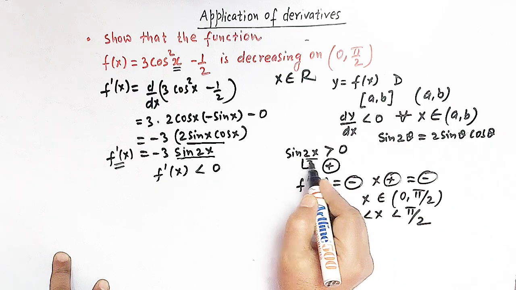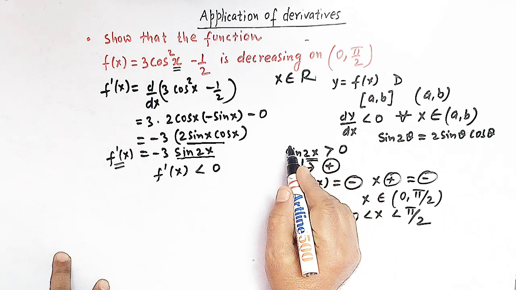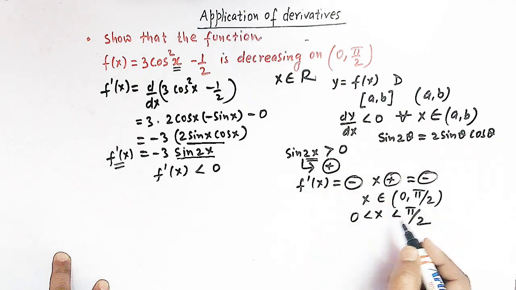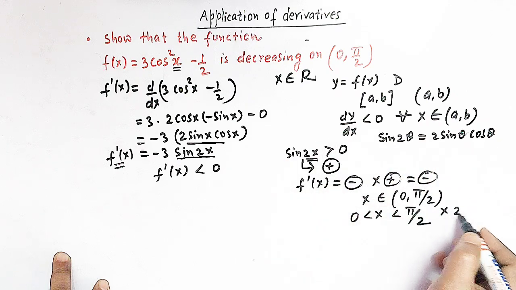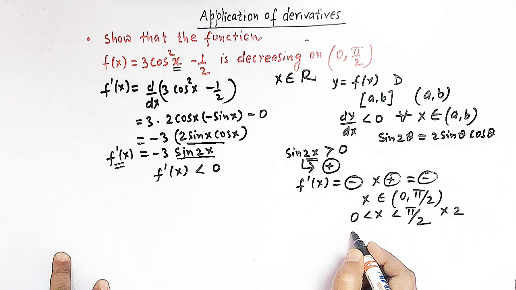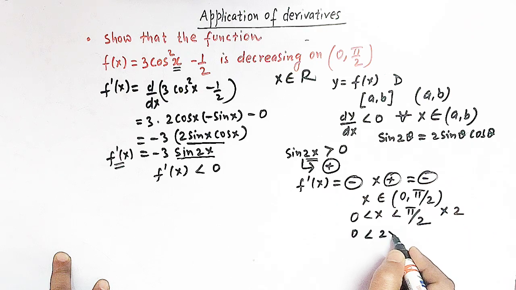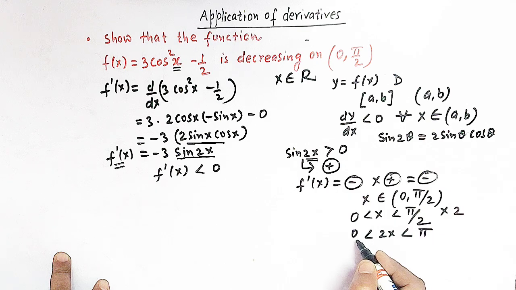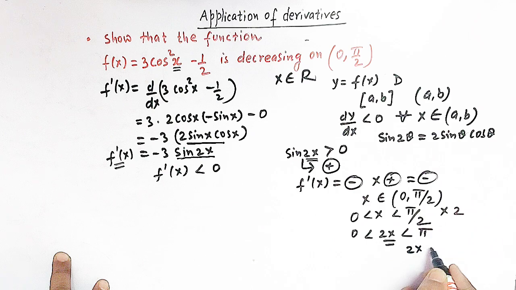Now we have 2x, and we have to determine the sign of sine 2x. So let us multiply this inequality throughout by 2. Here we have 0, here we have 2x, and here 2 and 2 get cancelled, so we have pi. So 2x lies in the interval 0 to pi.